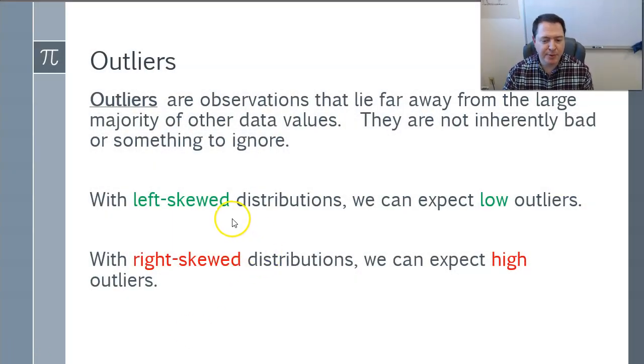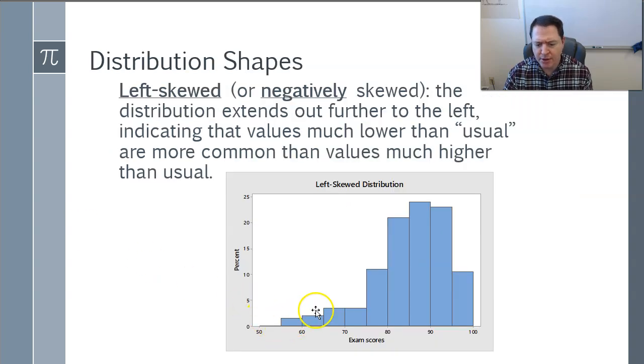So here's how this relates back to the topic of this section, which is distribution shapes. It turns out with left skew distributions, we can expect our outliers to be low outliers. Let me go back to that left skew we saw before. I said it was left skewed because this shape extends further out to the left than it does to the right.